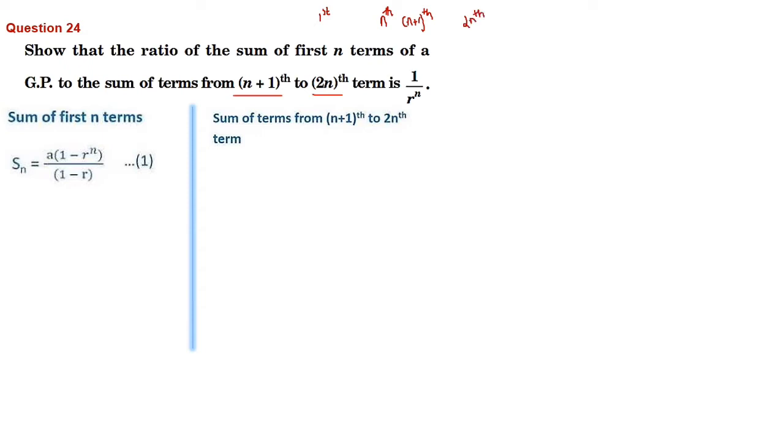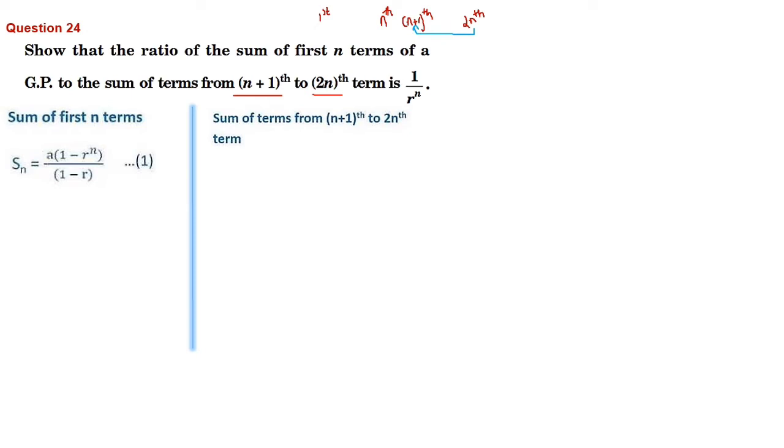So this group I am making first term to nth term, then after the nth term we have the (n+1)th term to the 2nth term. In this portion, the sum of (n+1)th to 2nth term, I will mark it. From here to here we have to find out this sum only.